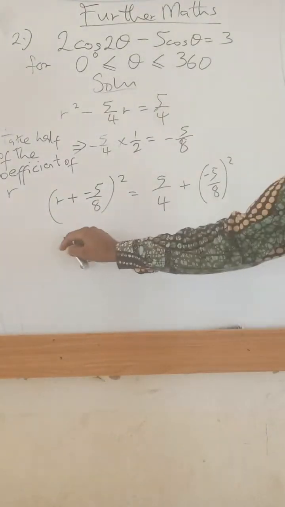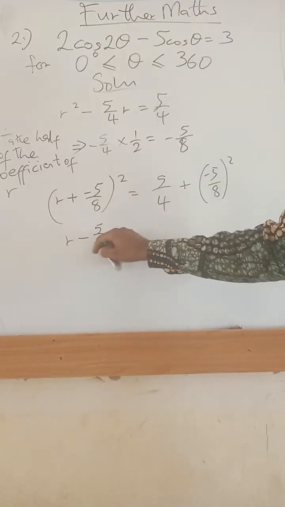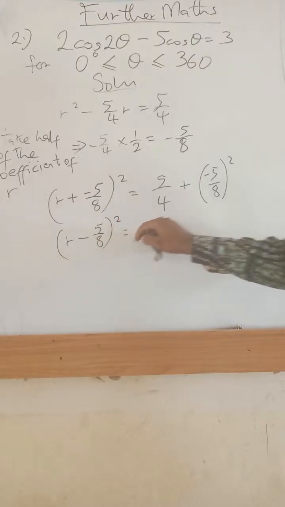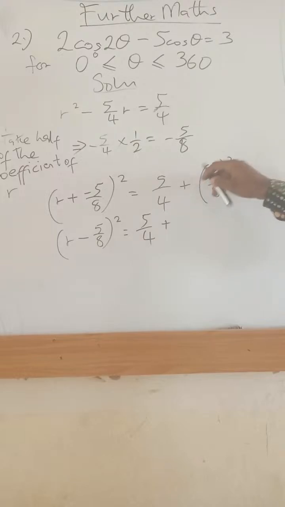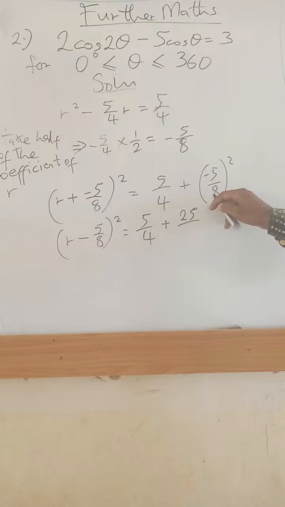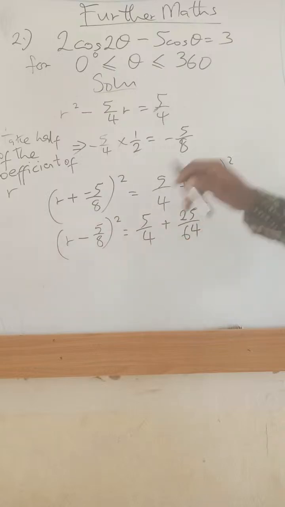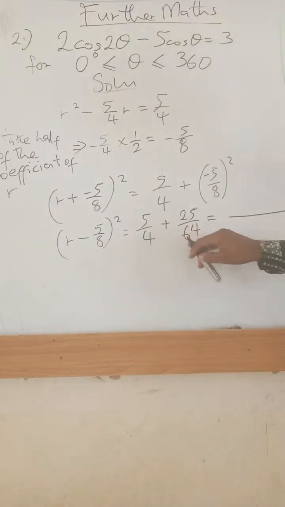So let's stabilize what we have. That gives us r minus, because plus times minus is minus, 5 over 8 squared equals 5 over 4 plus the square of minus 5, which is 25, the square of 8 is 64. And if you take the LCM of the denominators, the LCM of 4 and 64 is 64.